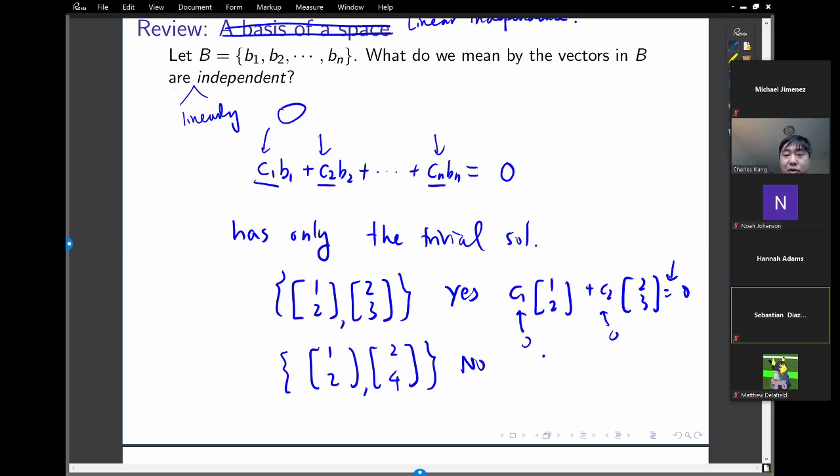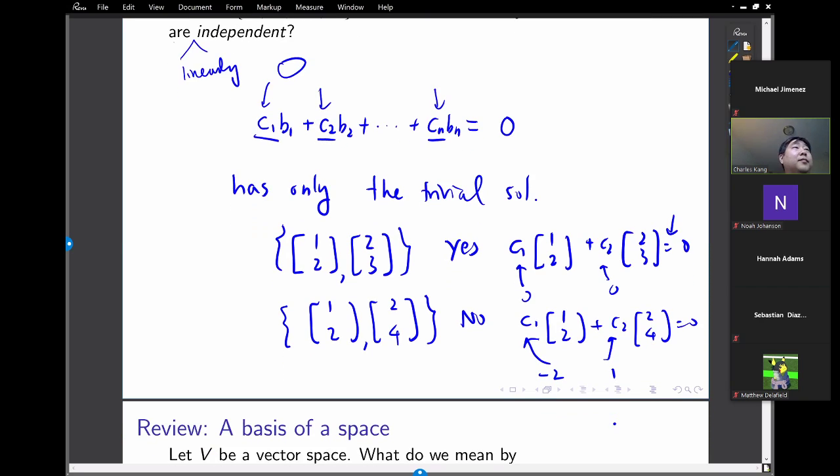The answer is no, because I can come up with non-zero c's such that this is still true. Can you come up with those constants? -2 and 1, or any. It's not unique, by the way. We could have -4 and 2, that kind of stuff. So try to memorize this definition.